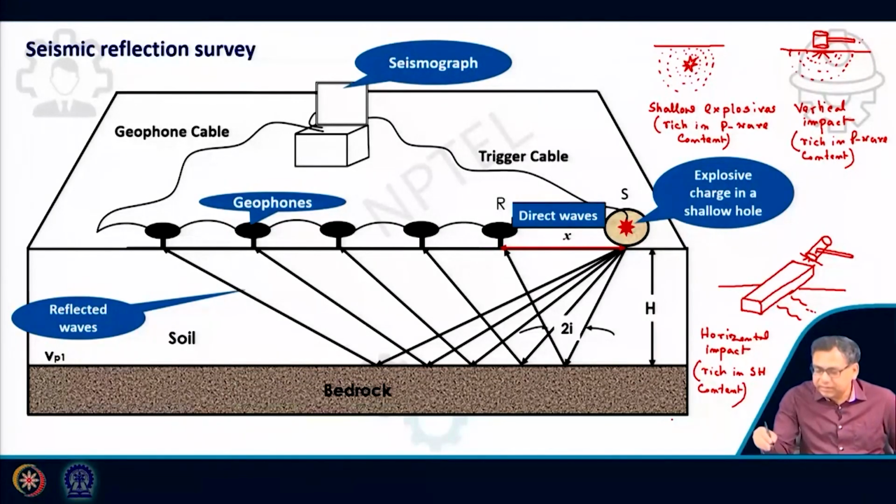So, these are the different ways we can generate the wave, but depending upon how you are generating the wave, it may be rich in P wave content or it may be rich in SH content.